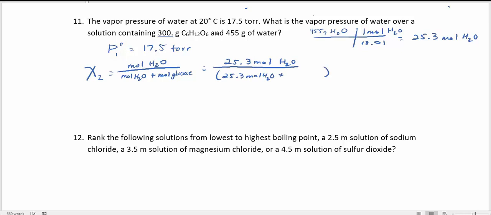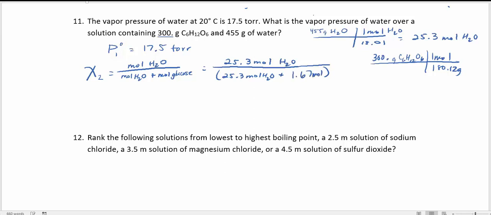Now I need to calculate how many moles of glucose I have as well. So this period here indicates that these zeros here are significant, so we still have 3 significant digits. The molar mass I found here was 180.12, which gives me 1.67 moles of glucose.